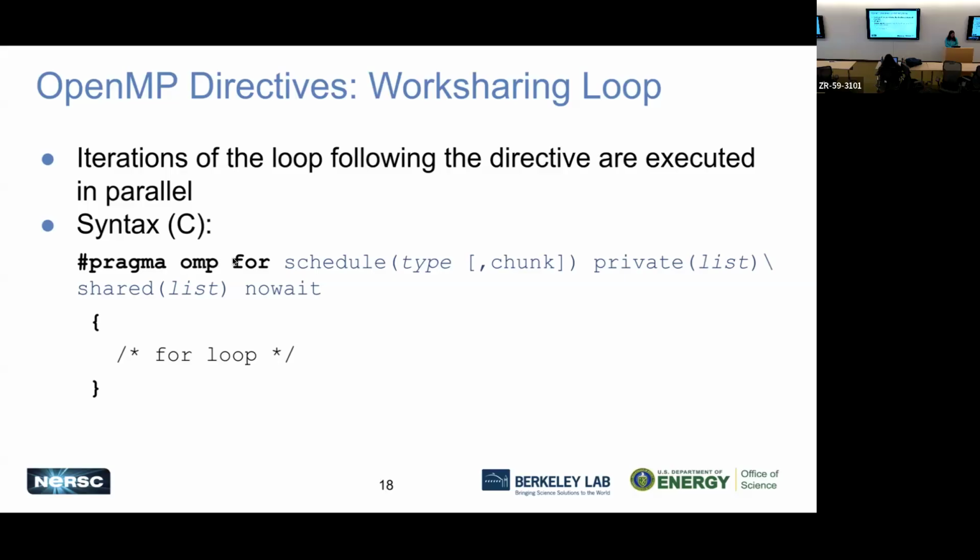Then OpenMP has a directive, omp for. You just add that with a different schedule or something. I'll talk about schedule a little bit later. And private means some data within this OMP region will be private to each thread. By default, they are shared, meaning each thread has the same value. And the schedule is a way to distribute this for loop.